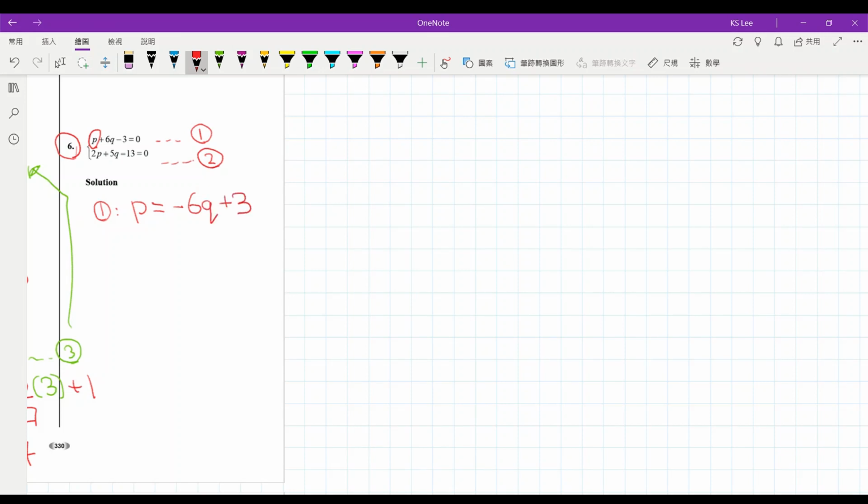And now, after we change p to be the subject, we can say that this is the third equation, and we finally have the value of p. And we can do our substitution. We are going to put this part into equation 2.